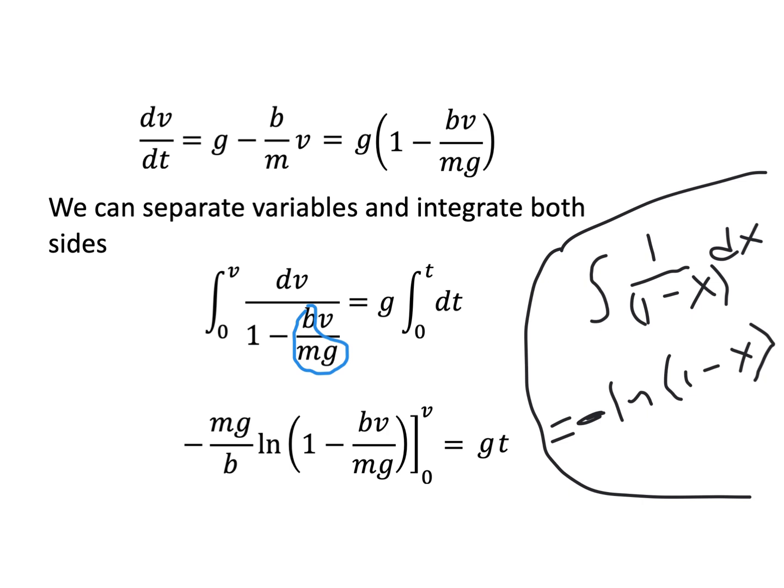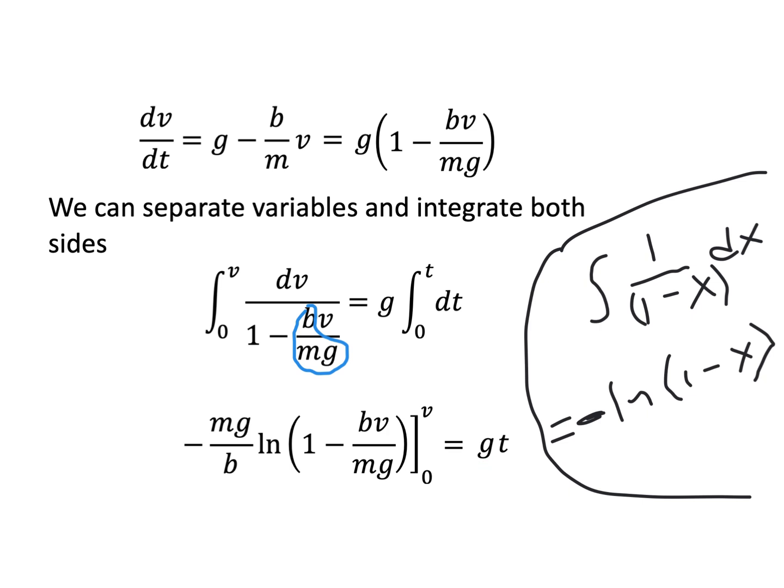And so I can recognize that this integral looks like the natural log of 1 minus this thing times this factor out front. And that's going to go from v equals 0 to v equals some final v. And so I've got my limits here. And so all of this craziness has to equal g times t.